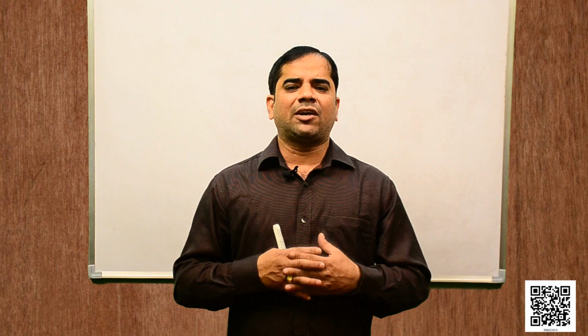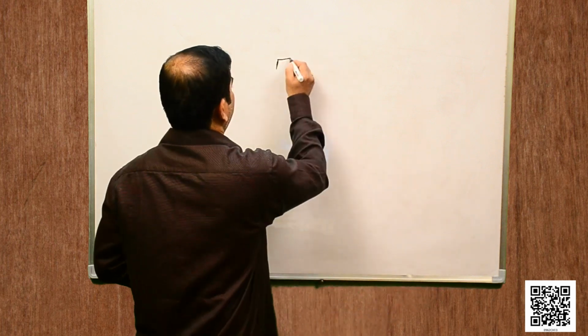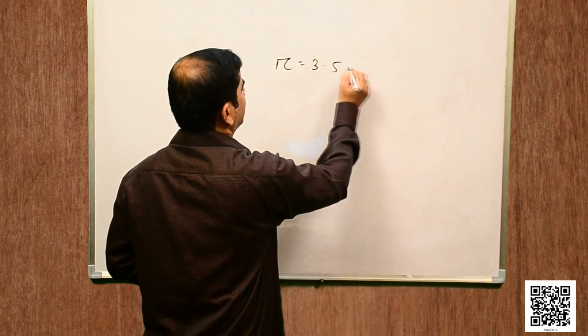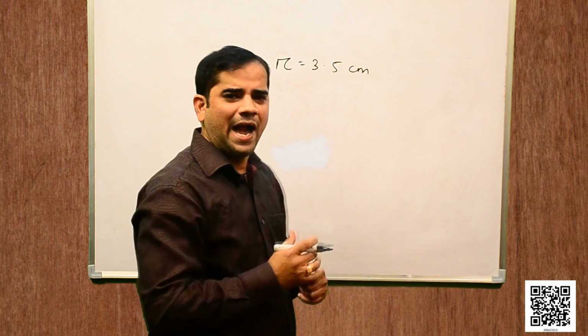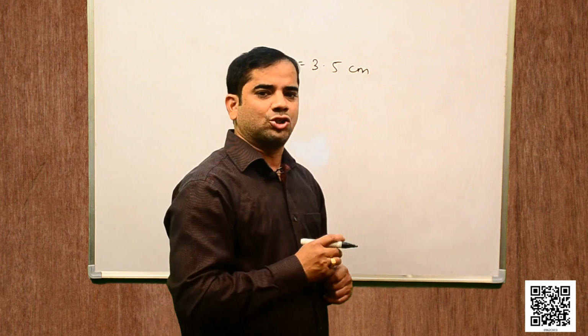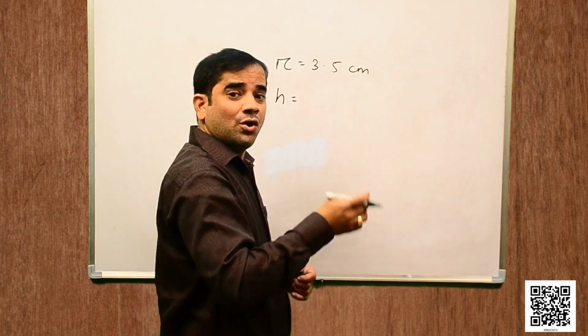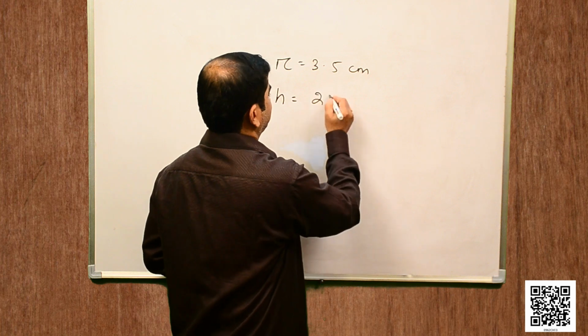So students, just concentrate on figure 13.10. The radius of the base of the cylindrical kaleidoscope is given as r is equal to 3.5 centimeter, and the height, or the length of the kaleidoscope, is h is equal to 25 centimeter.